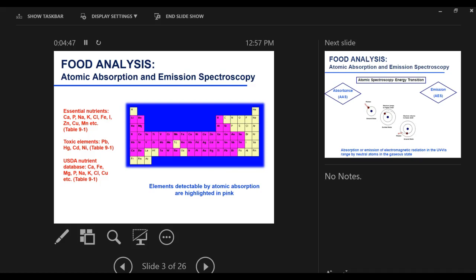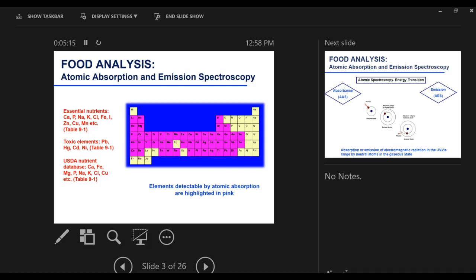But these are listed here: calcium, phosphorus, potassium, sodium, chloride we need, iron, iodine, zinc, copper, manganese, and others. You find these in table 9.1 in your chapter 9. Toxic elements that we need to watch out for are lead, mercury, cadmium, nickel. Arsenic at a certain amount can be toxic as well.